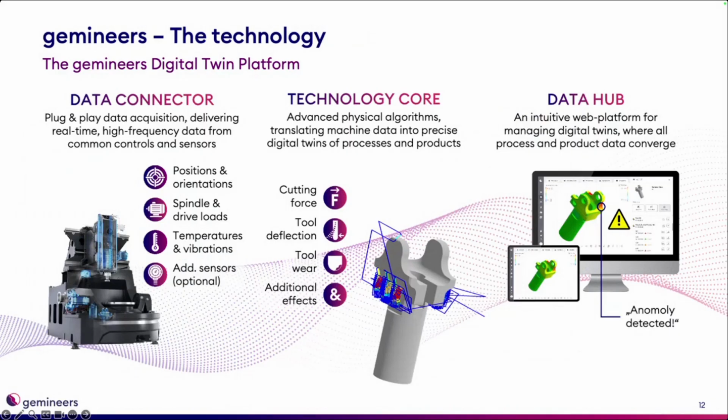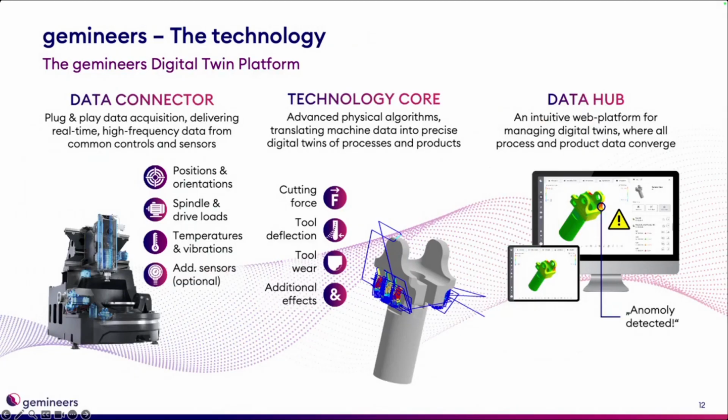But then to get from this data to a digital twin, which really represents what is currently on the machine and what the part looks like, we have to see what the effects are, why the part doesn't look like it should. And when we did all this testing, we saw that one of the biggest effects for this blade manufacturing, but also for a lot of different parts, is tool deflection caused by a higher cutting force.